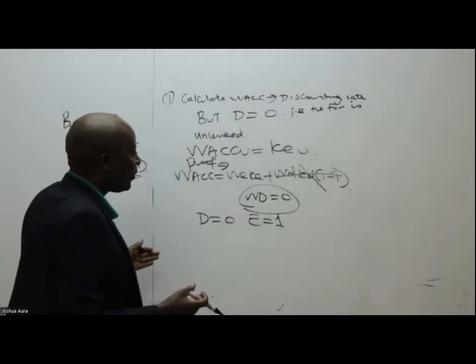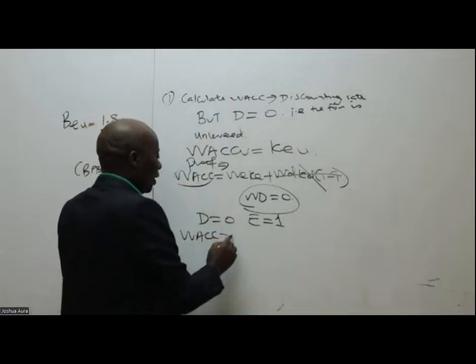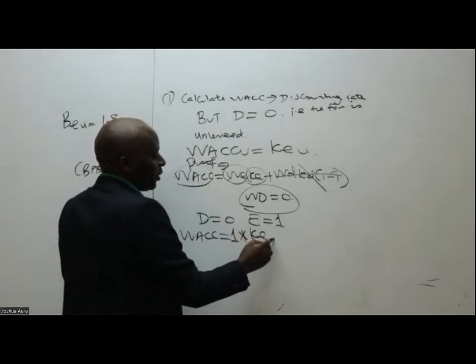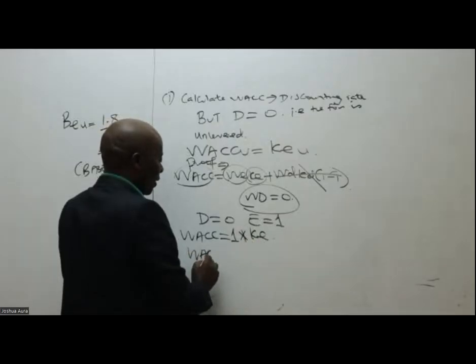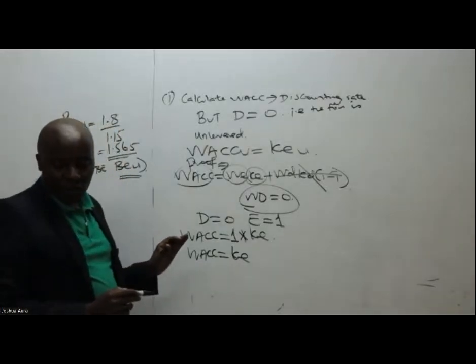So meaning something very important happens, that our WACC will be equal to weight of equity, which is 1, times cost of equity. So our WACC will be equal to cost of equity for unlevered organizations.